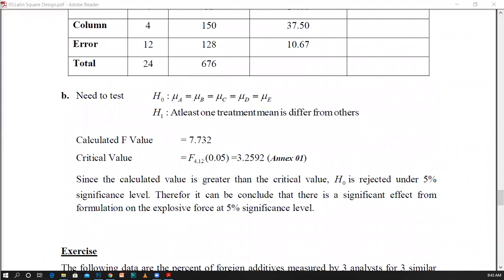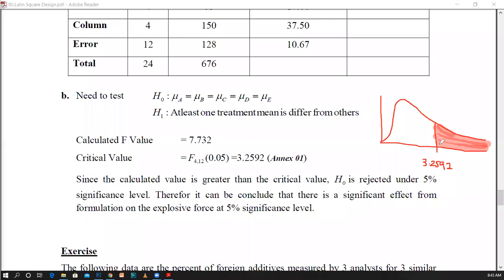Then you have to compare these two values. If we compare these, this would be the shape of the F distribution, and the table value is somewhere here, 3.2592, and since the table value is here, this would be the rejection region.